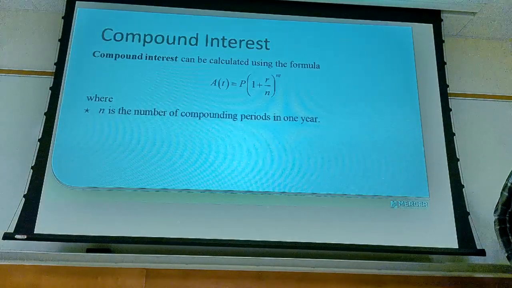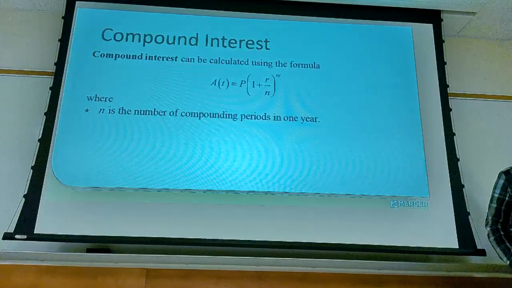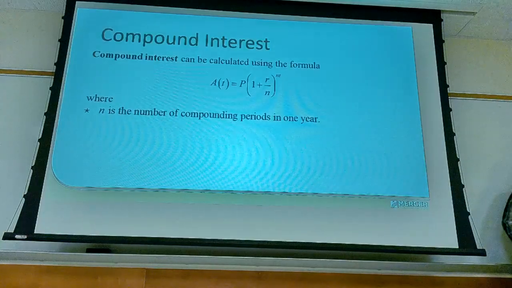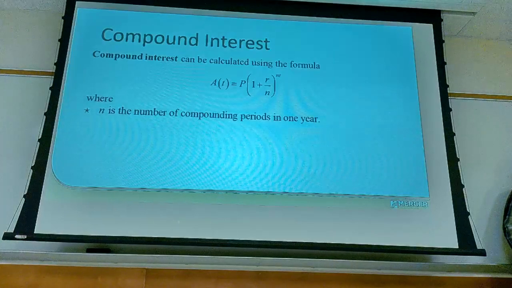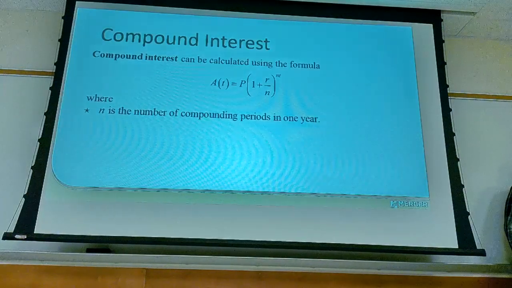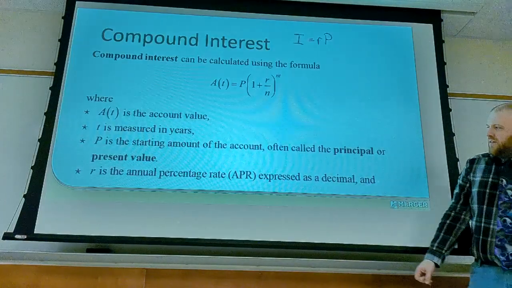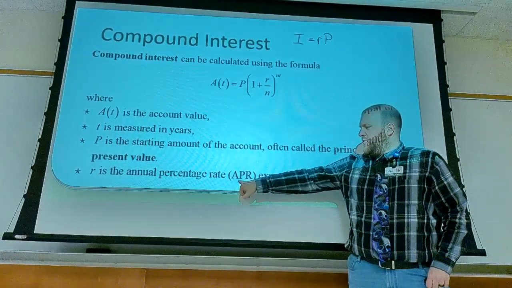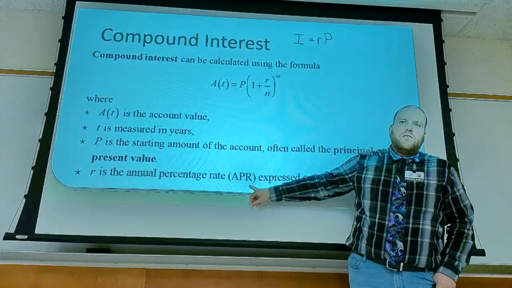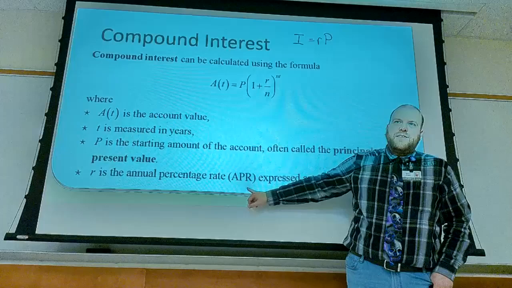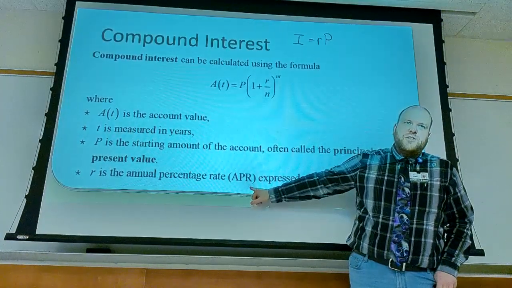And N is the number of compounding periods in a year. And depending on the situation, you may also see APY, annual percentage yield or average percentage yield.